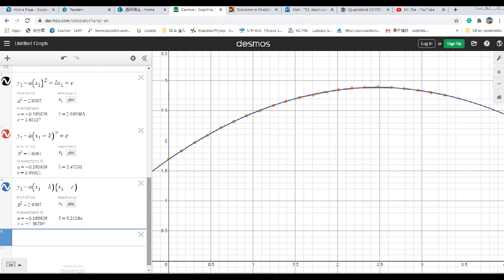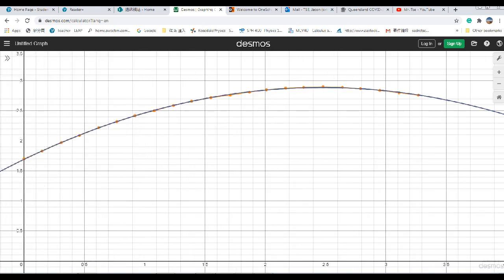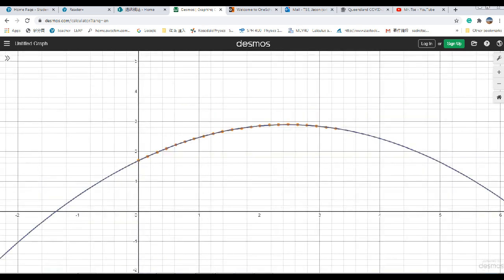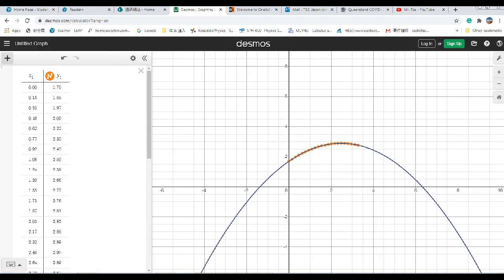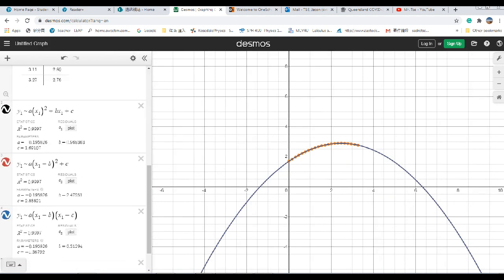If you want to see the whole curve, you can just make it smaller, and you can see the whole quadratic curve. Of course, your data only represent parts of the curve. In Desmos, you have the three forms, and they give you the values for all the equations.